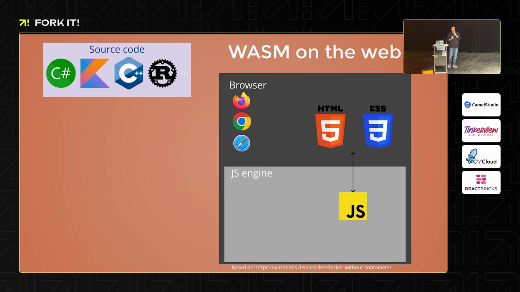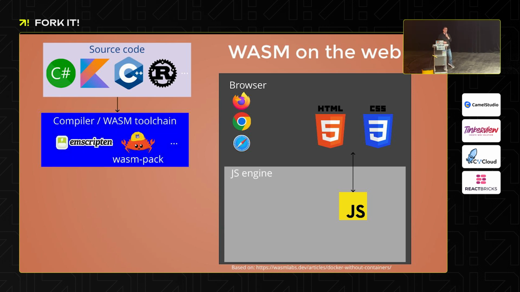But what's also interesting about WebAssembly is that you don't need to write WebAssembly code. You can first write your code in any high-level language that supports WebAssembly. For example, here I've put C#, Kotlin, C++, Rust, or any language that compiles into WebAssembly. Then you need what we call a WASM compiler, or a WASM toolchain.